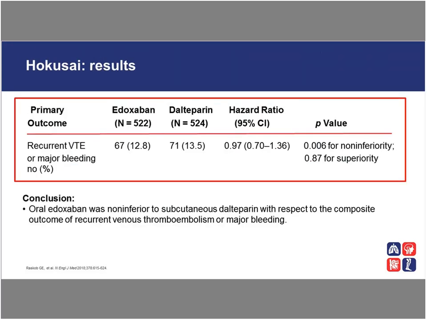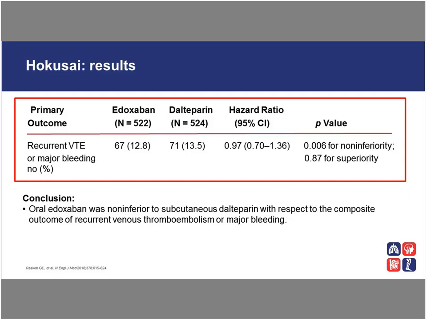And when we look specifically at these event rates, we see that recurrence or major bleeding occurred in 12.8% of patients on edoxaban versus 13.5% of patients in the dalteparin arm, once again for that hazard ratio of 0.97, reaching the non-inferiority set limit with a p-value of 0.006.